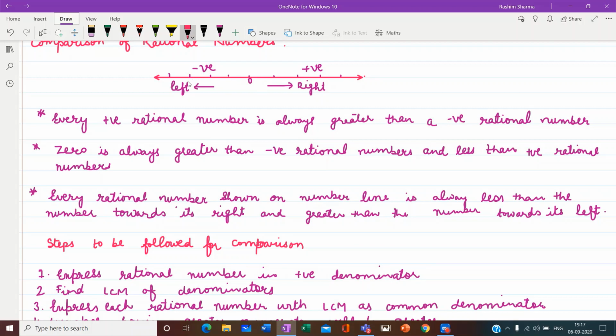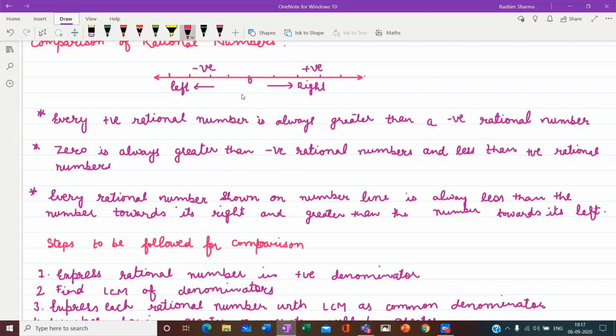So keep in mind, as we move from left to right, numbers are increasing. So that is why all positive rational numbers are greater than all negative rational numbers.